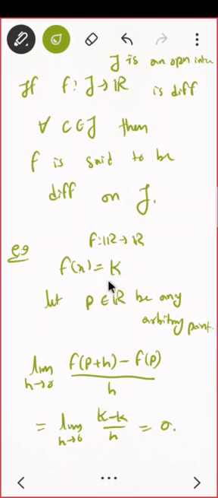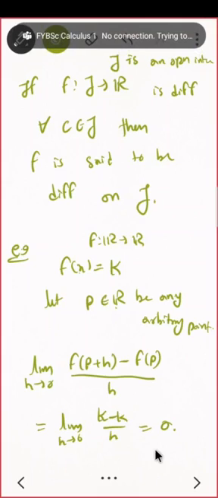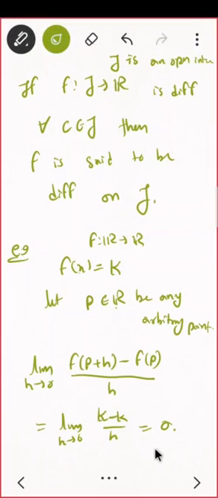So take any real number, this limit is 0. So what will you say if this limit exists? That means your function is differentiable.